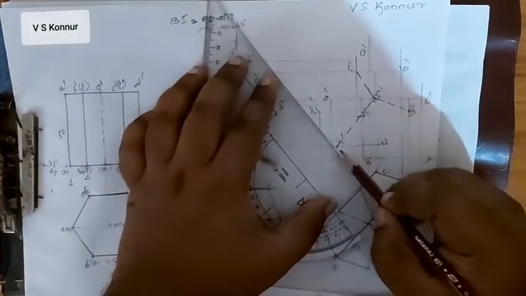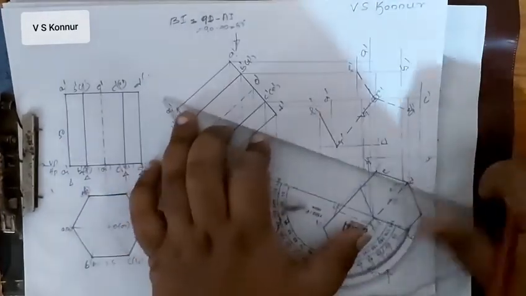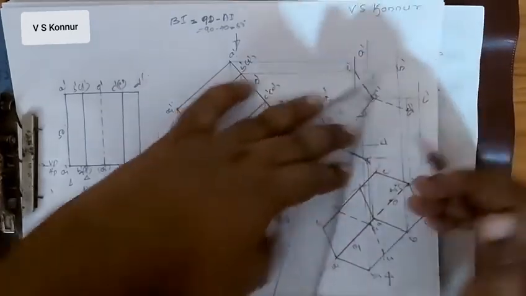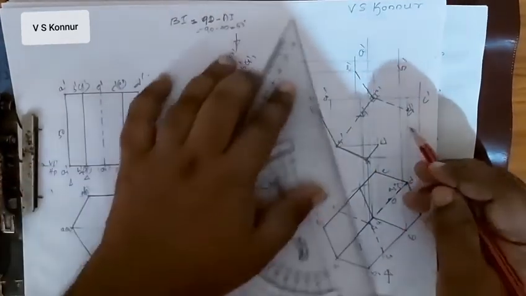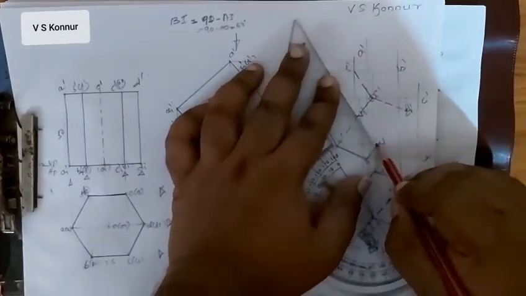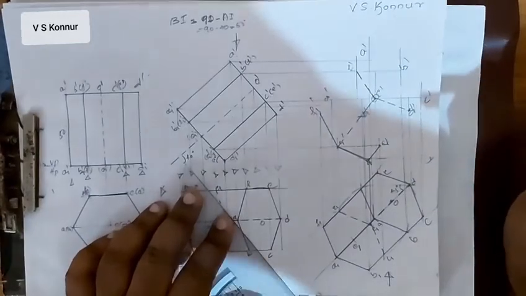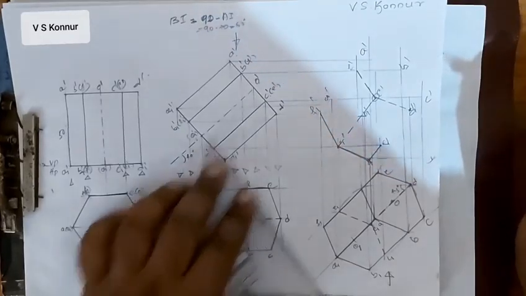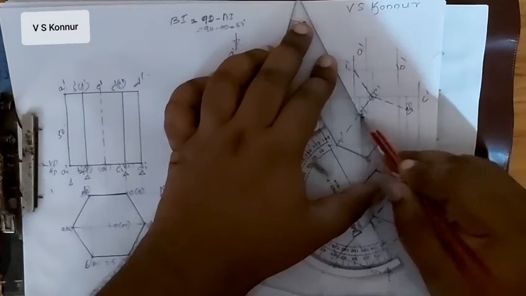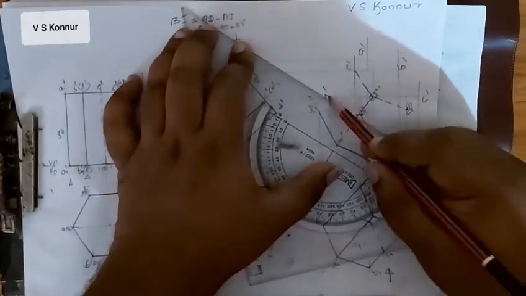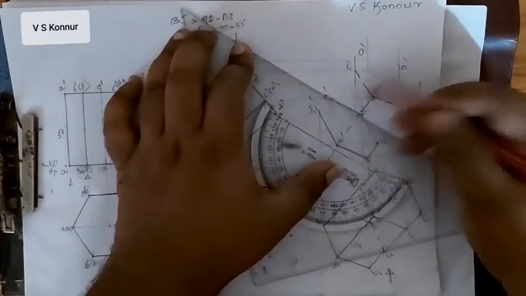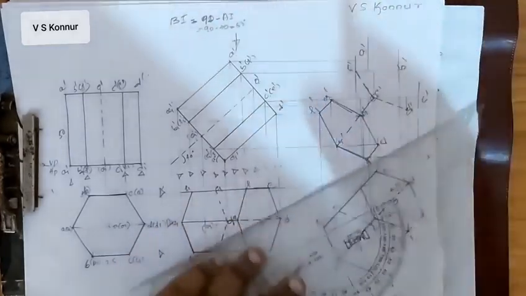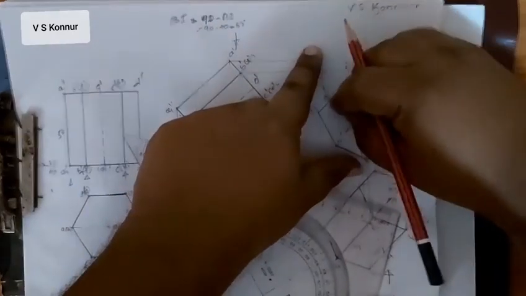Next, all the border lines should be dark. All the border lines we have to make dark.